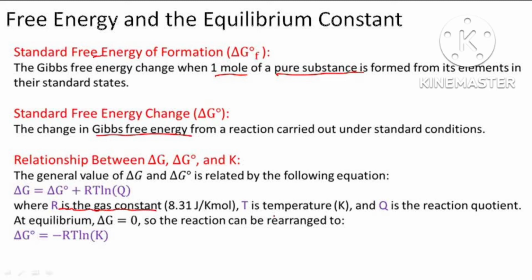In such cases, K will be much larger than 1. This question is asked, so remember this also. Both are reverse: endothermic, and exothermic the reverse way. It will give more product, because if the value of K is more, it means production is more. Keep in mind, K will be much larger than 1.